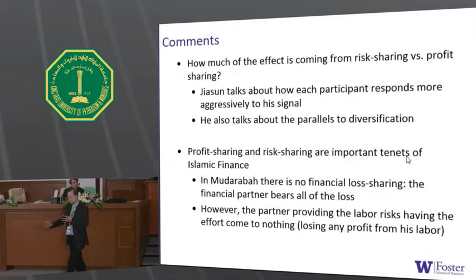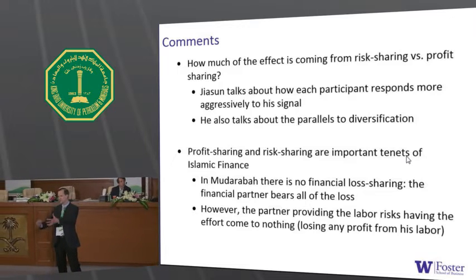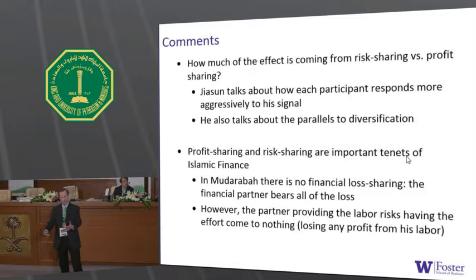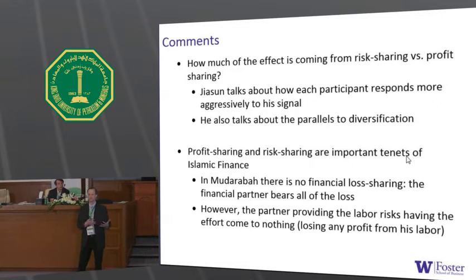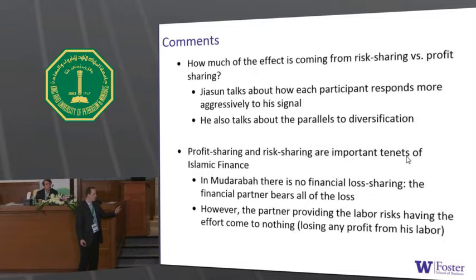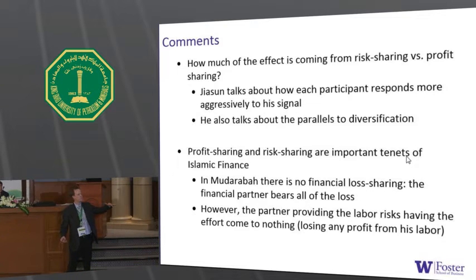And I think there are some potentially interesting extensions here of the model that you've written down, because there are different ways of handling these using different contracts, at least in my very limited, admittedly, understanding of Islamic finance. In Mudaraba, there's no financial loss sharing.